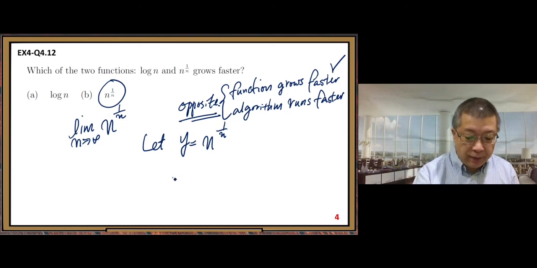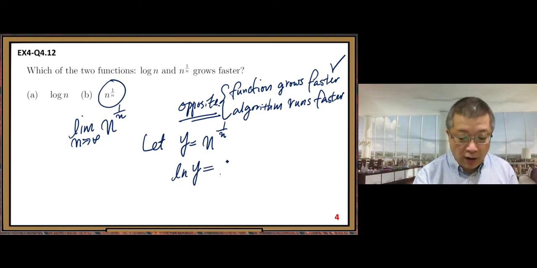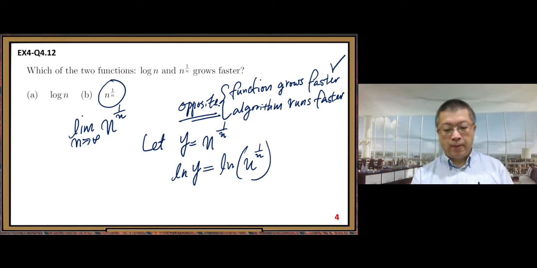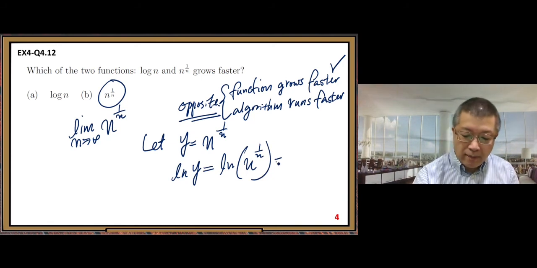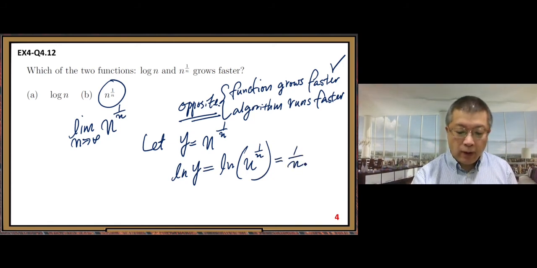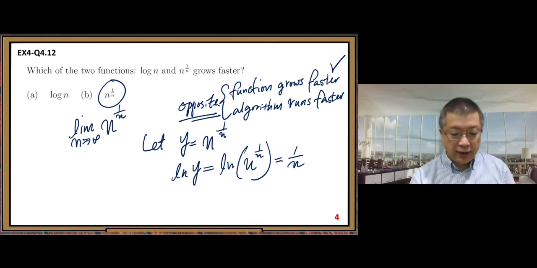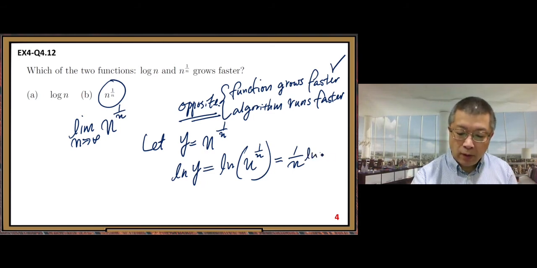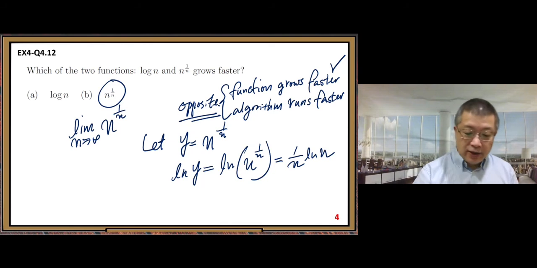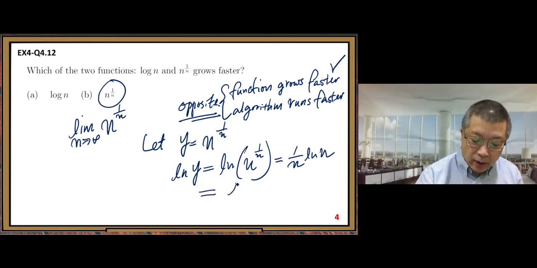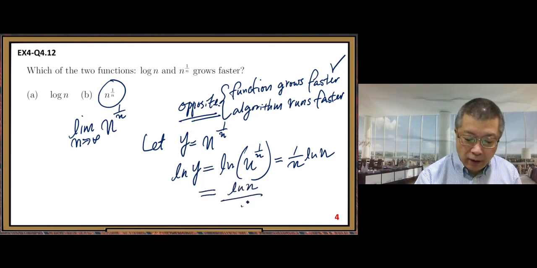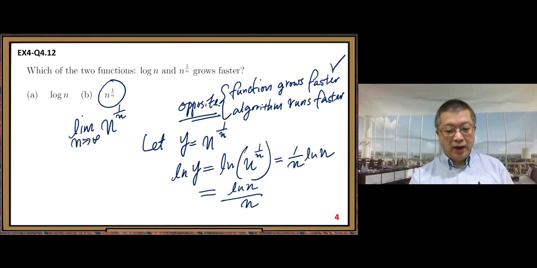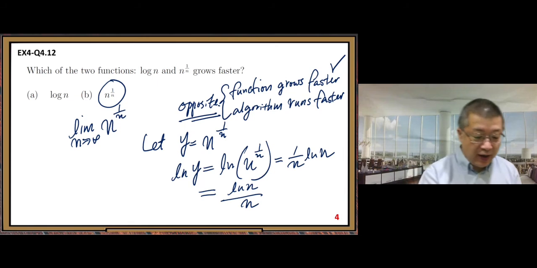Then we can take a logarithm. Natural log of y equals natural log of n to the 1/n power, and by the logarithm property equals natural log of n over n. Can we see the limit of this when n goes to infinity?